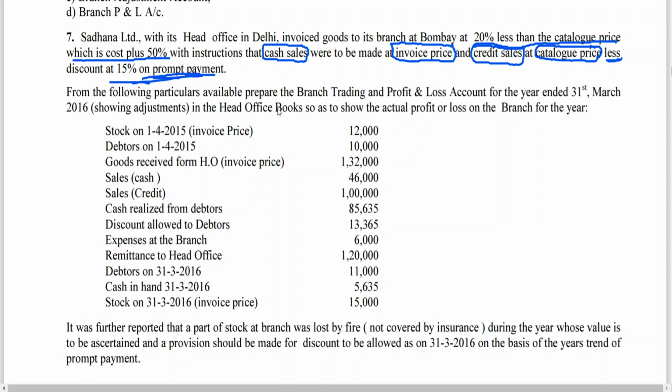So before I go into this next one, let me tell you: head office Sadhana Limited invoices goods to its branch at Bombay at 20% less than catalog price, which is cost plus 50%.